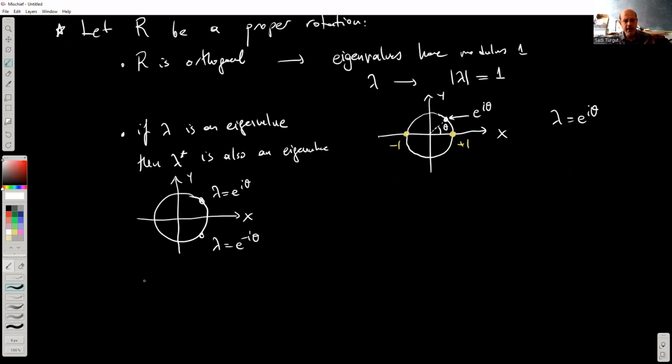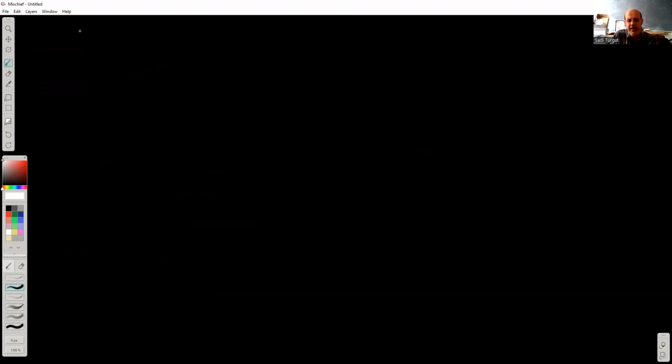Finally, there's one more thing. The determinant of this matrix is equal to +1, which is equal to the product of the three eigenvalues. So there is also this last restriction on these eigenvalues. By using this, we can say that the eigenvalues of R can be, there are three possibilities.